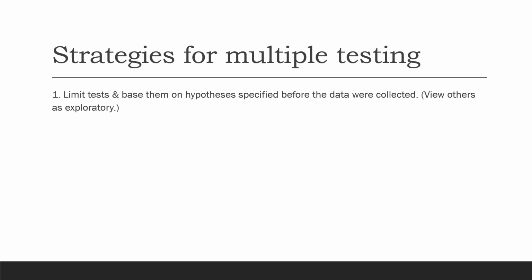This is especially useful if you are doing a study that's specifically trying to look at the relationship between, say, an exposure and a particular outcome. You might collect data about lots of other exposures as well, but there's one that's of primary interest to you.